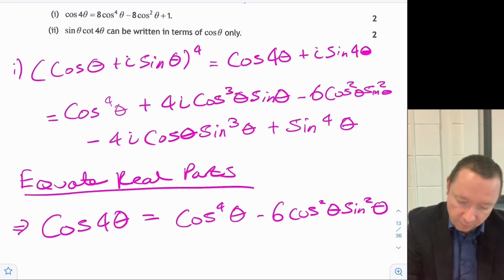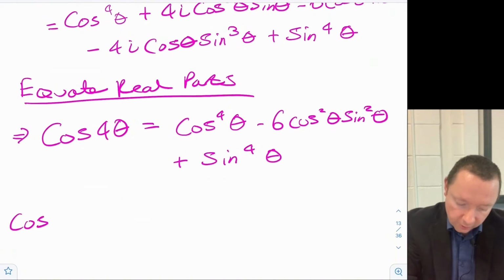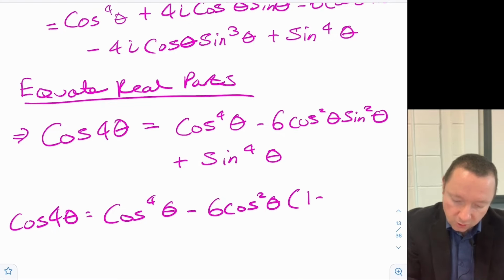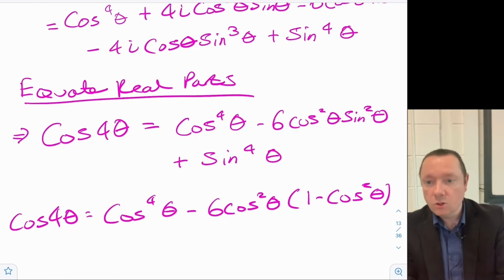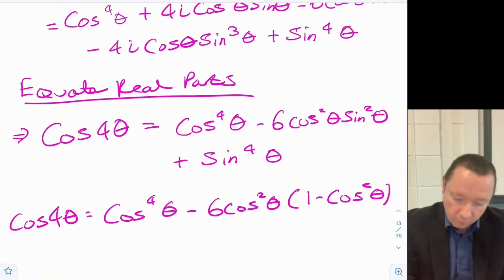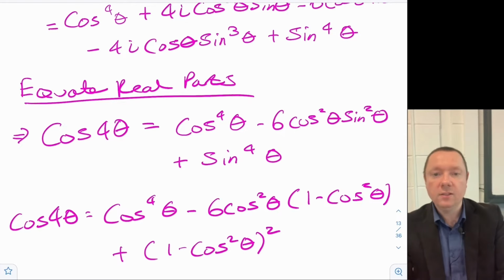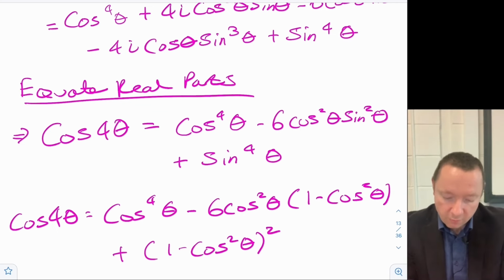Next term's imaginary, but then we've got plus sin to the power of 4 theta. So cos 4 theta equals cos to the power of 4 theta minus 6 cos squared theta sin squared theta. And since sin squared theta is 1 minus cos squared theta, then we'll have plus 1 minus cos squared theta, squared, because sin to the power of 4 theta is sin squared times sin squared. So now we've got everything in terms of cos.